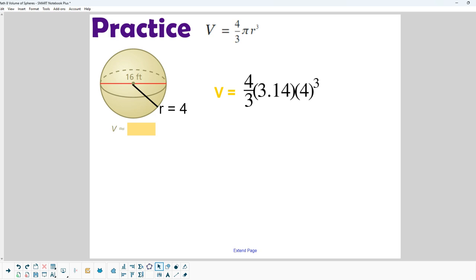Oh, if you think about it, that diameter should actually be 8, or the radius should actually be 8, shouldn't it? So you got to make sure you don't run into a problem right there. So I'm going to put an 8 in there, and this should be 8 cubed, shouldn't it? So then, when we go to our answer page, we'll have to take that into account.